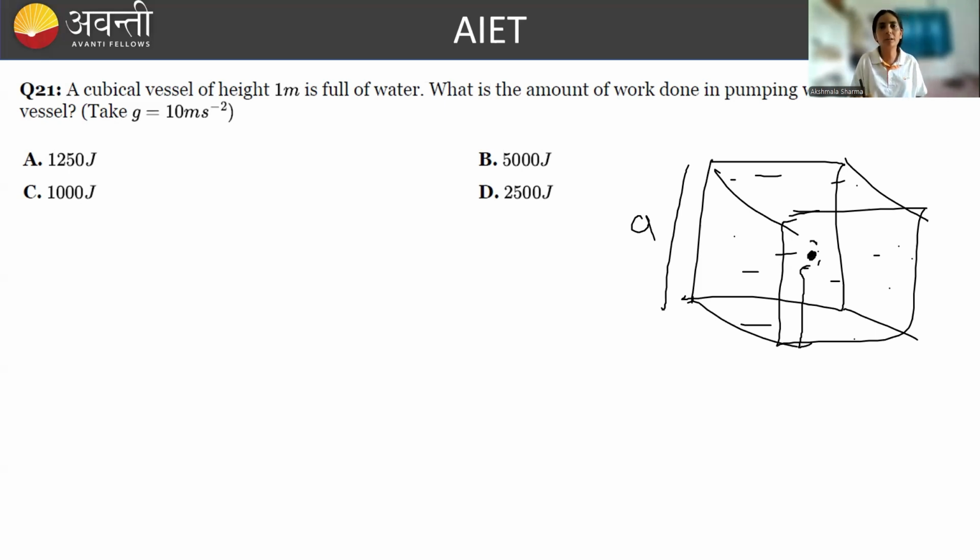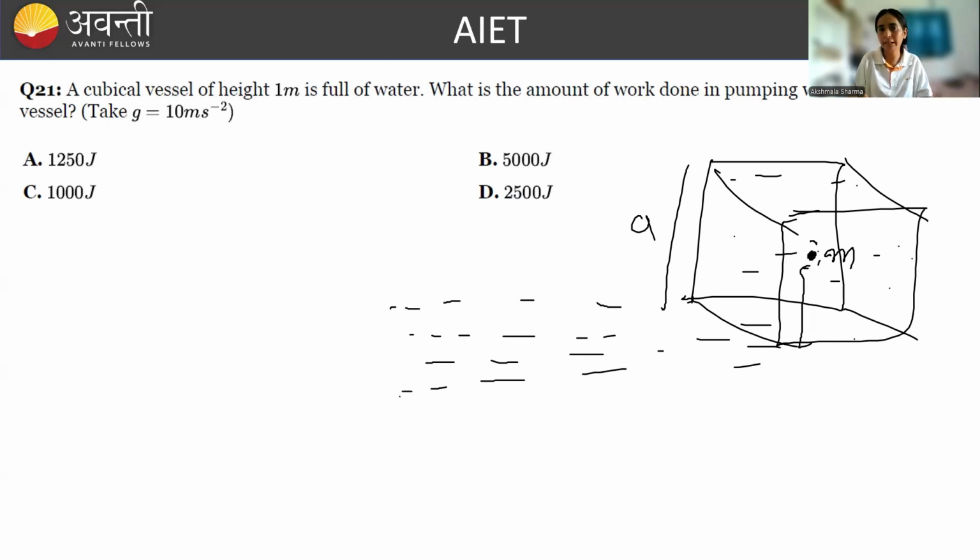What is the amount of work done in pumping water out of the vessel? How much work will we have to do? You just see here, suppose some m mass is kept here. If you are pumping water out of the cube, it means that the water is getting sprayed on the surface. It means its center of mass is finally touching the ground. Initially, it was at height h.